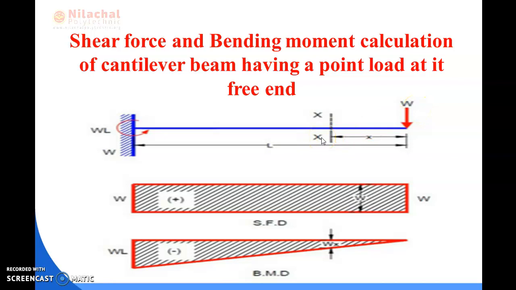So how will we calculate the shear force and bending moment, and after that we have to draw the shear force diagram. As you can see, this is the shear force diagram. Below it, we have to draw the bending moment diagram as per the calculation.